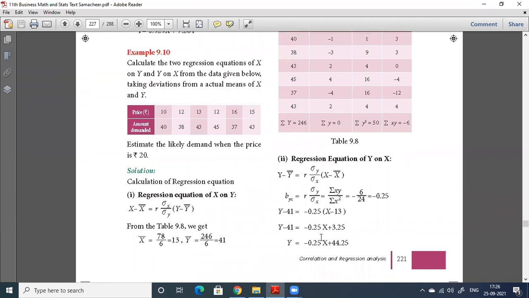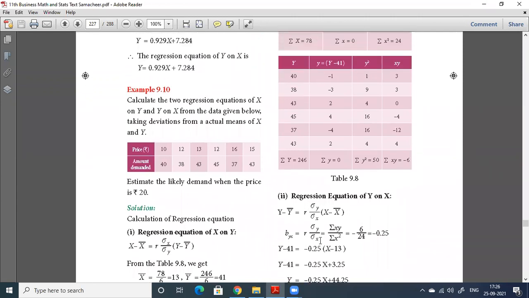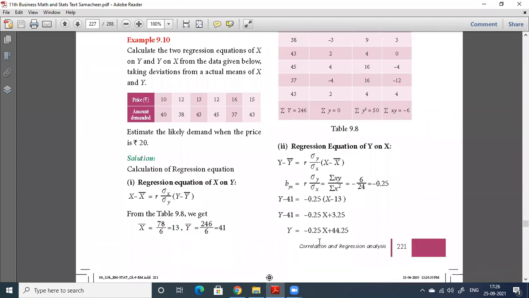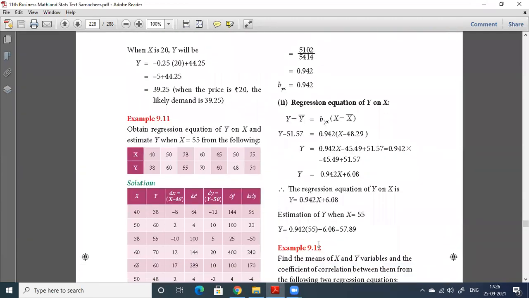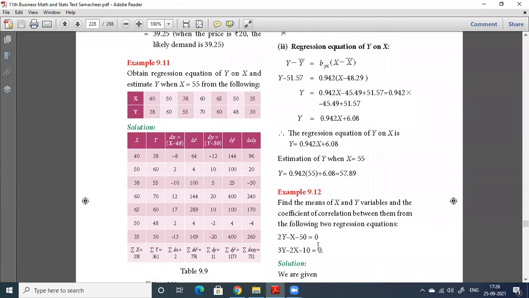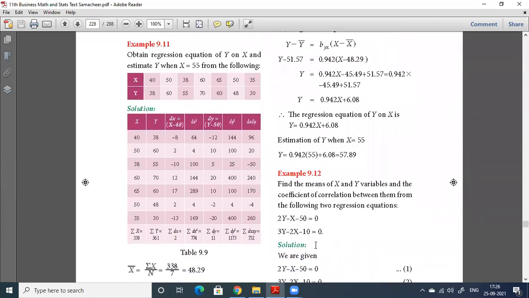I think we did this one, example 9.10, we finished. Okay, let us do example 9.11 now. Obtain regression equation of y on x. Okay, he's asking regression equation of y on x.